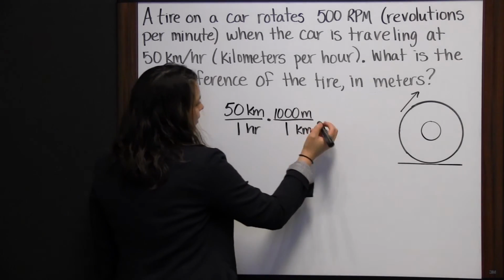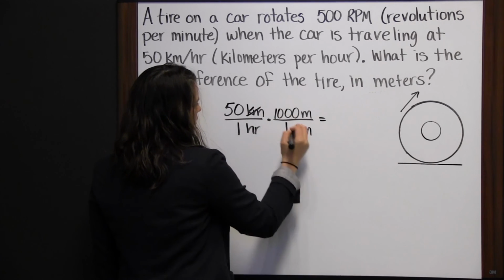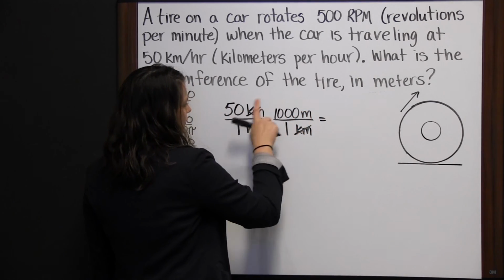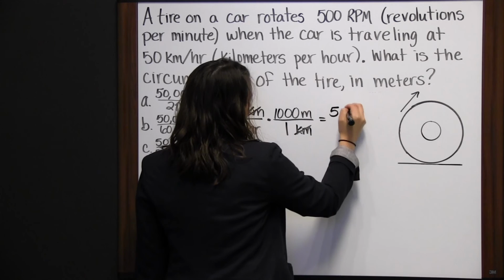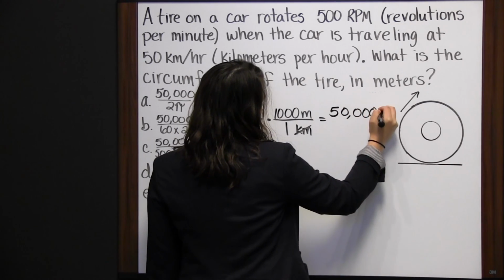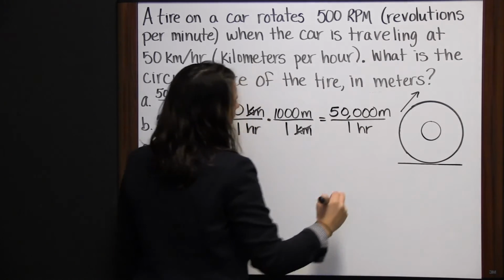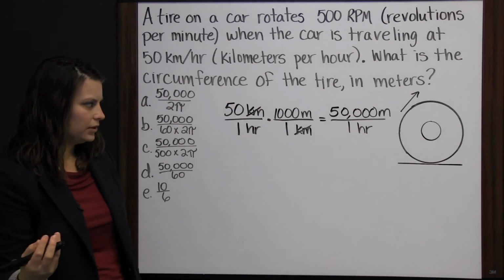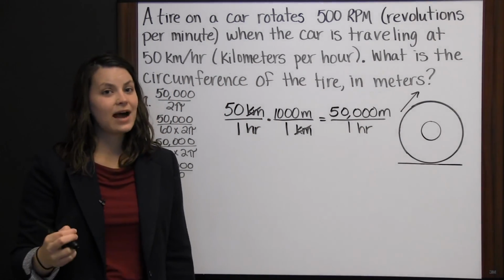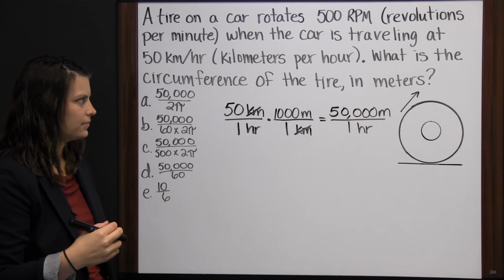And I'll go ahead and do that first. So our kilometers cross-cancel. 50 times 1,000 is 50,000 meters per 1 hour. So every hour, this car goes 50,000 meters.